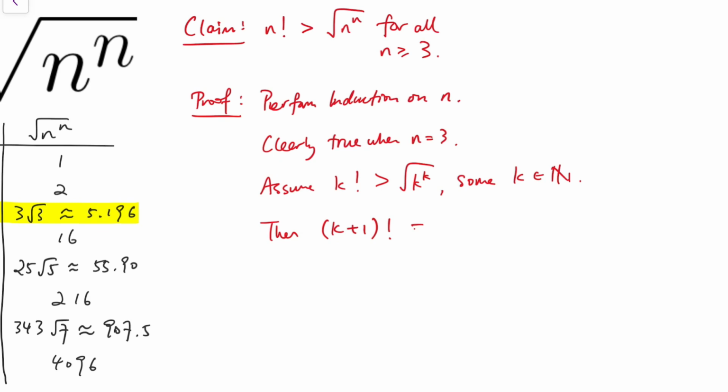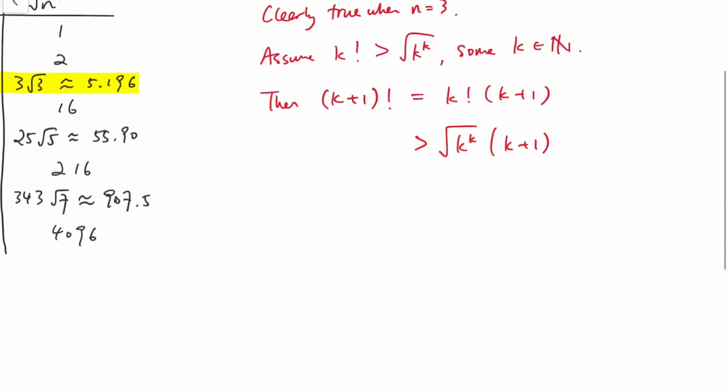I can say that k plus 1 factorial is equal to k factorial multiplied by k plus 1. And by the induction hypothesis, this is larger than the square root of k to the power k multiplied by k plus 1, or k to the power k over 2 multiplied by k plus 1.